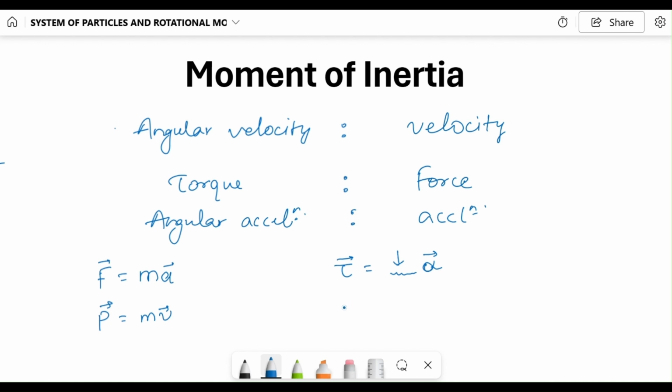And of course, if we are saying angular momentum, here we have angular velocity, and there should be the same term, that is the rotational analog for mass. So there is such a term which we call moment of inertia. Whatever role mass plays in linear motion, moment of inertia plays the same kind of role in rotational motion. So let us move further.